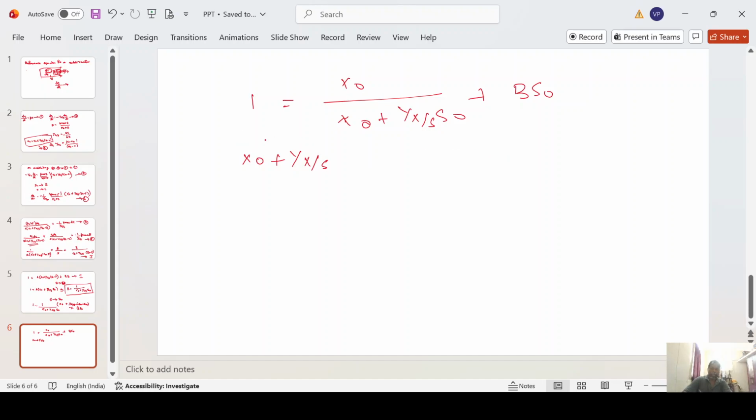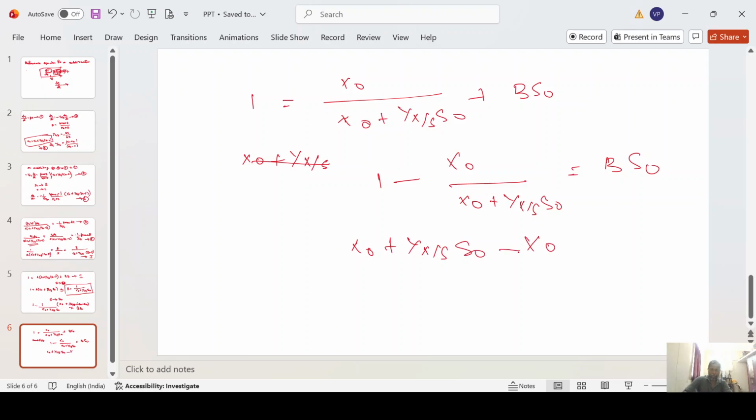So first we can bring this to the minus sign. 1 minus x naught whole divided by x naught plus yx by s of s naught is equal to b s naught. That means x naught plus yx by s of s naught minus x naught whole divided by x naught plus yx by s of s naught is equal to b s naught. So x naught and x naught will get cancelled.